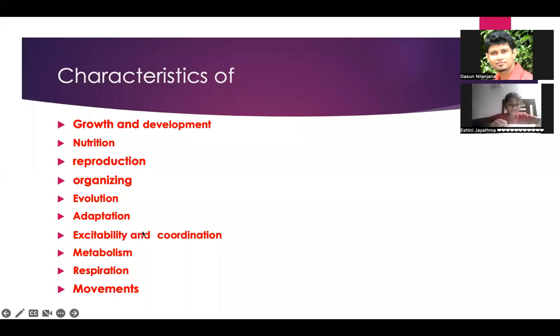Right? Adaptation. That is also one important characteristic. Adaptation means there are different climate situations, and even this COVID has affected the lives of many people. Many people died.